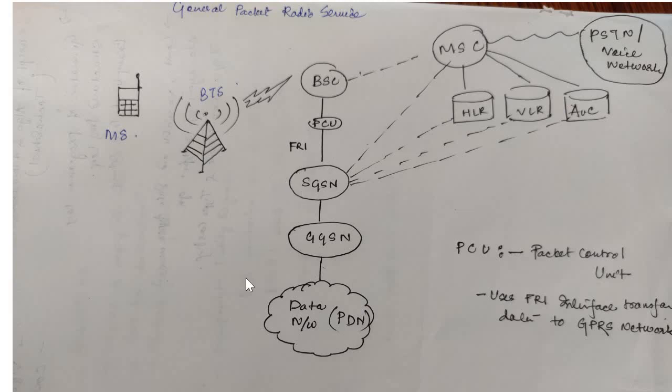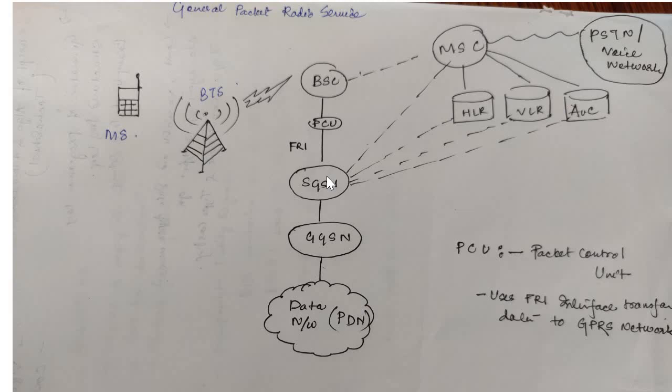The two most important nodes added are the serving GPRS support node, SGSN, and the gateway GPRS support node, GGSN. After going through all this, the packet is ultimately transferred to the data network.